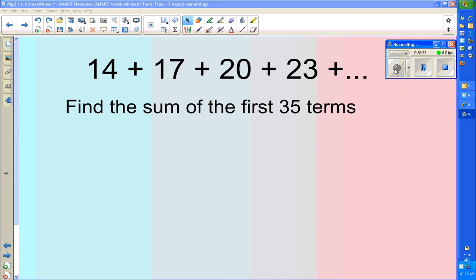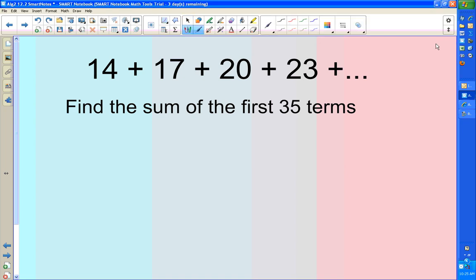This question is written kind of like the first one with Freddie, where I'm saying, find the sum of the first, now I'm telling you, 35 terms. And I'm telling you the beginning of the sequence, just like Freddie knew. So Caitlin, what did you plug in on this one?